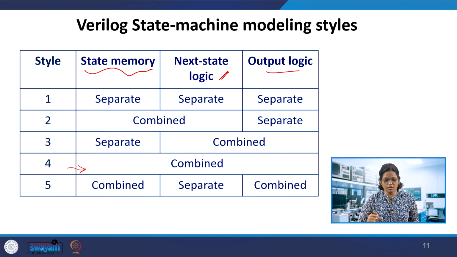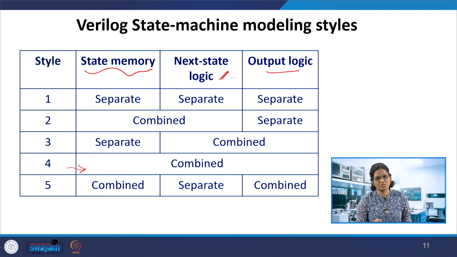Can we have all three models? State memory, next state logic and output logic, all coded in one always block. That is the fourth style. Here you can have style 2, combining state memory and next state logic in one always block, and output logic separately in another always block. Or we can have state memory alone in one always block and combine the next state logic and output logic.